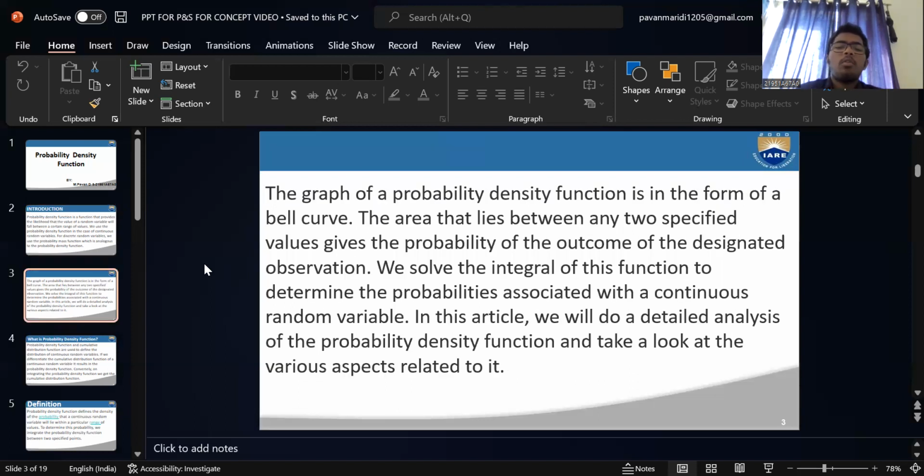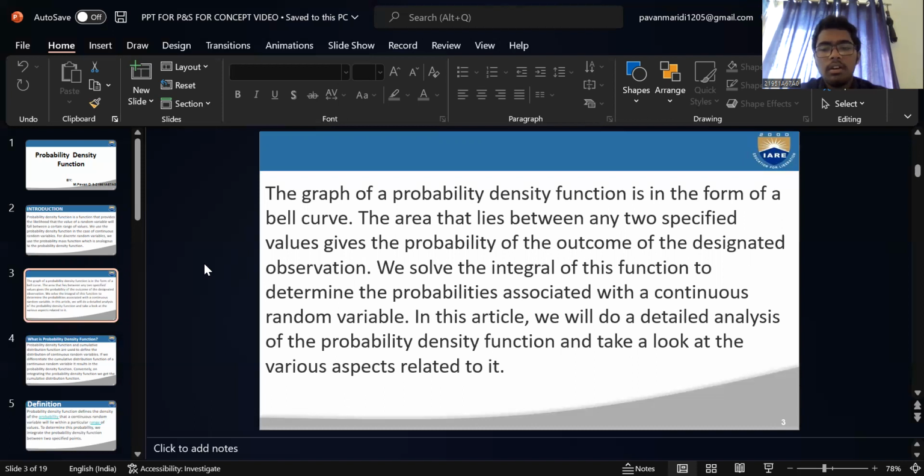The graph of the probability density function is in the form of a bell curve. The area that lies between two specified values gives the probability of the output of the designated observation.